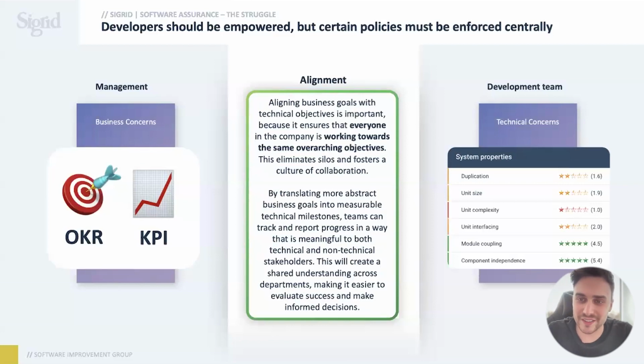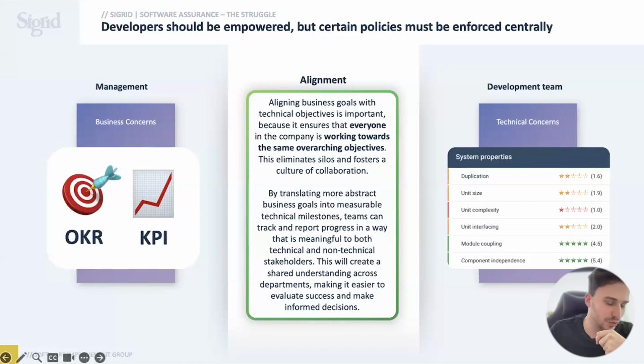And at the right side, you see that development teams speak a very different language. There are some technical concerns, and if you open up Sigrid and you deep dive, then you will come across a lot of technical terms. Of course, to work together to get to this hybrid model, it's very important that everyone understands each other and that the goals that are set on the left side and on the right side align.